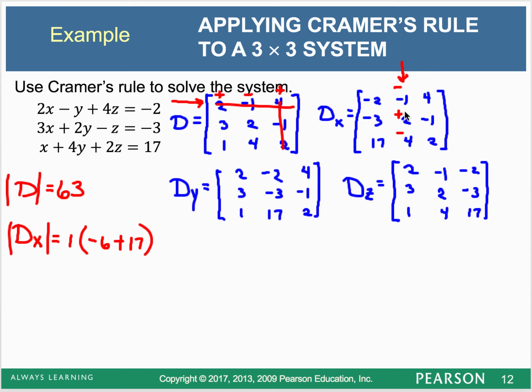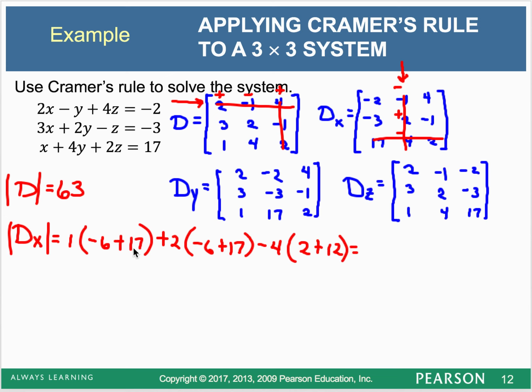Then we'll have positive 2. And if I mark out these values, we'll have negative 6 minus negative 17, so plus 17. Interesting. Then I'm going to have negative 4. So marking out these gives me positive 2 minus negative 12, so plus 12.